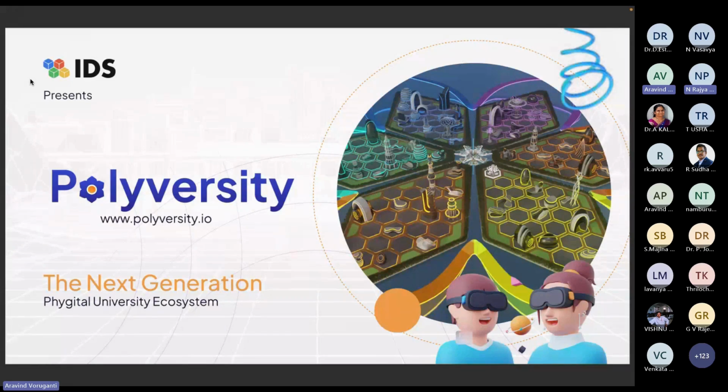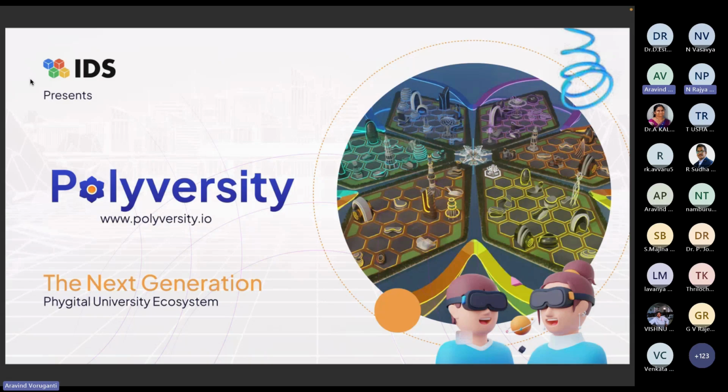Today the universities are scattered across the country, across various locations, and the cross pollination of ideas, innovation, or communities across universities is not that dominant.